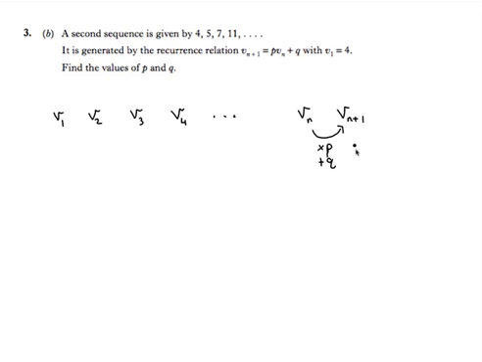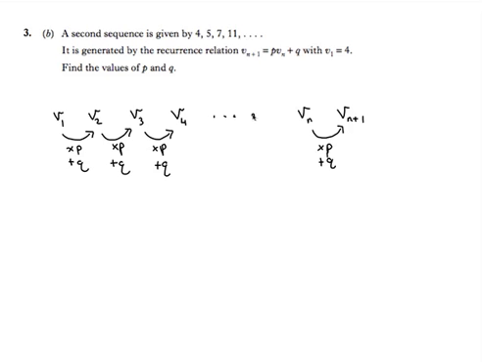Multiplying by p, then add q. Of course, we know that because n can be anything you like, that rule works all the way along the sequence. To get from there to there, multiply by p, add q. And that rule works all the way along the sequence.